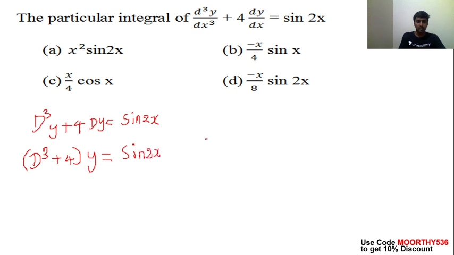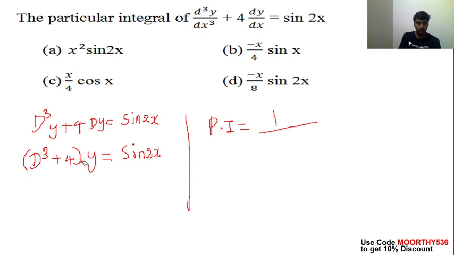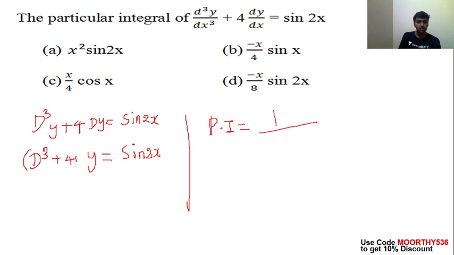The particular integral is 1 divided by f of D, that is D cube plus 4D, into sin 2x.